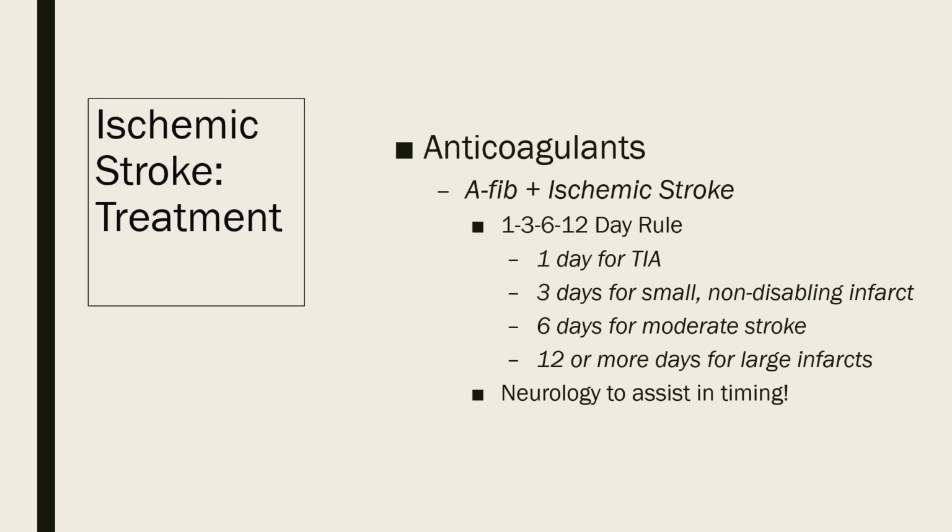So if the patient has a TIA, you typically hold the anticoagulant for 1 day, whereas you hold it for 3 days for small non-disabling infarcts, 6 days for a moderate-sized stroke, and 12 days or more for large infarcts. And typically you get neurology to assist with this timing if you have concerns.